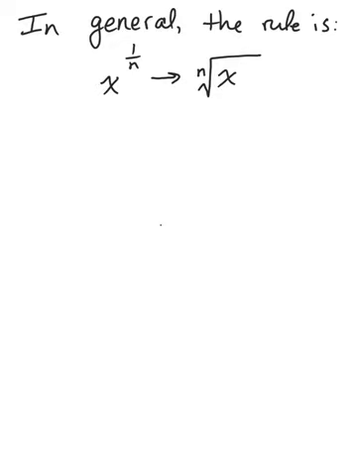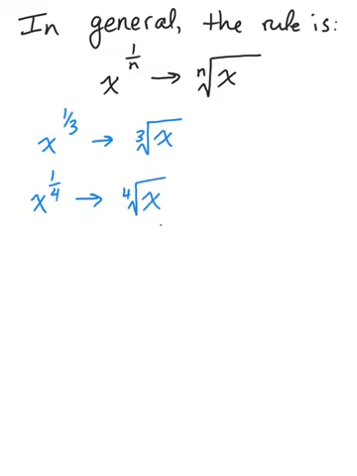So again, an example, if this is x to the power 1/3, that means what I'm asking for is the third root of x. If I'm looking at x to the power of 1/4, that means I'm looking for the fourth root of x, and so on. So anytime you have a root, it can be written as an exponent where the root is represented by the denominator of a fraction.